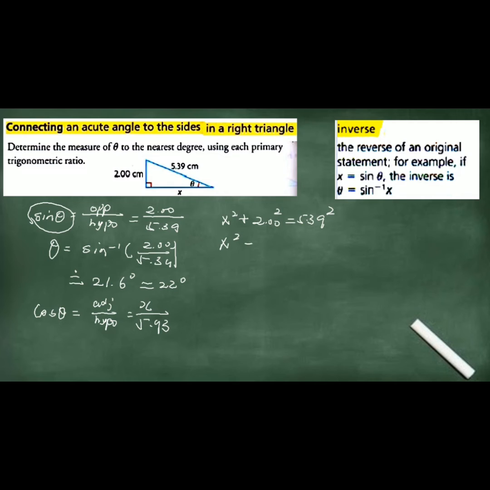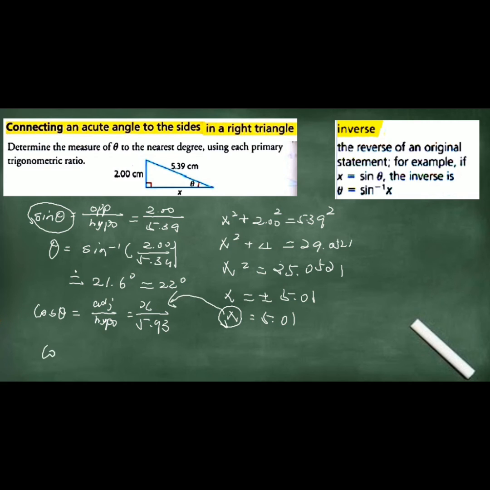So x squared plus 4 equals 29.0521. Subtracting 4 from both sides, x squared equals 25.0521. Taking the square root of both sides, x equals plus or minus the square root of this, which I already calculated as 5.01. We take the positive value because a side length cannot be negative.